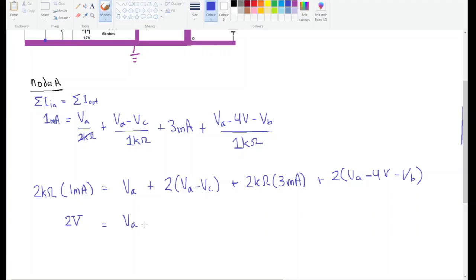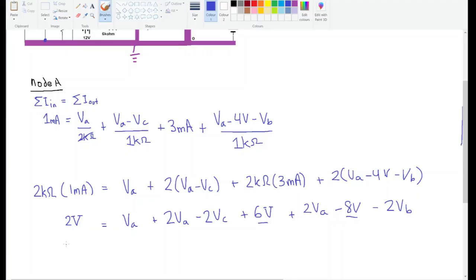That's going to equal VA plus 2 VA minus 2 VC plus 6 volts plus 2 VA minus 8 volts minus 2 VB. Let's move all the voltages to the other side. So this and this are going to come together to make -2.